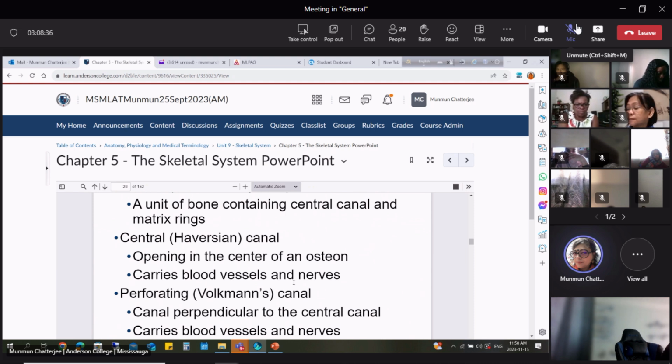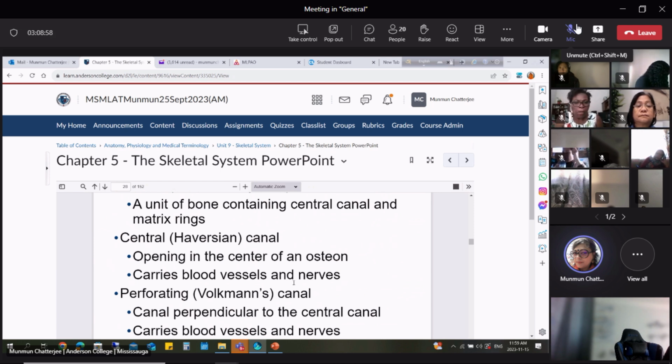The central canal is the opening at the center of an osteon, that is the unit. Why is it important? It carries blood vessels and nerves, because something has to be there. If the bone were totally compact, it would be dead. But we need to keep the bones alive, so they need nutrients, blood supply, oxygen, everything.